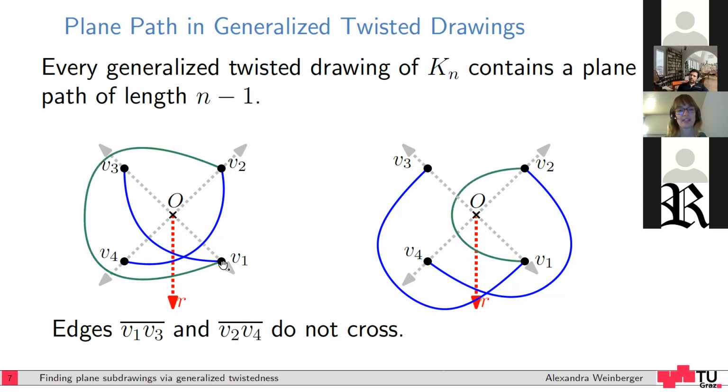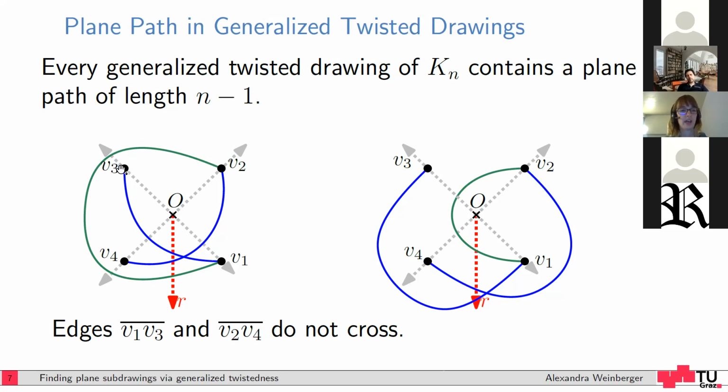We will see that there's only one way, essentially, how to draw this. That's because this edge V1V2 cannot cross the blue edges we already have drawn because it's adjacent to them and it's a simple drawing. It has to cross the ray R because it's a generalized twisted drawing, and with that, it has to look essentially as it does in these figures.